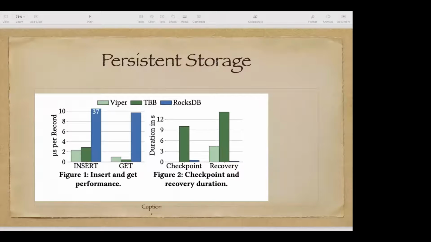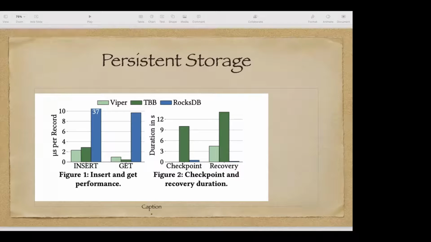Here Viper gives the most optimal performance in insert, because Viper stores records directly in the persistent memory log without intermediate buffering to DRAM, and to leverage the higher random access performance of DRAM compared to persistent memory for index updates, its index is located in DRAM.